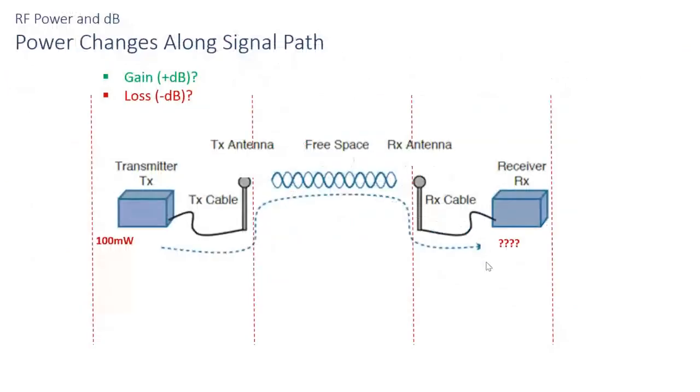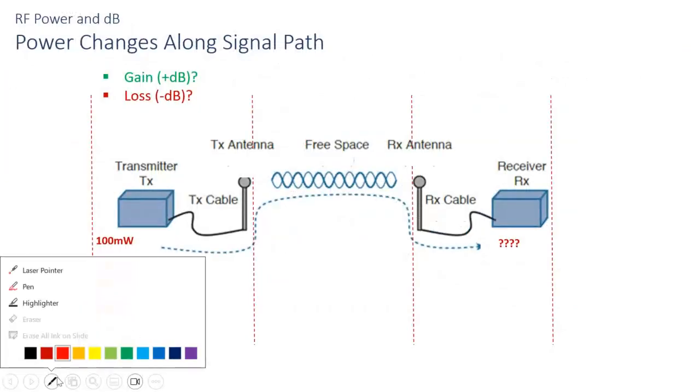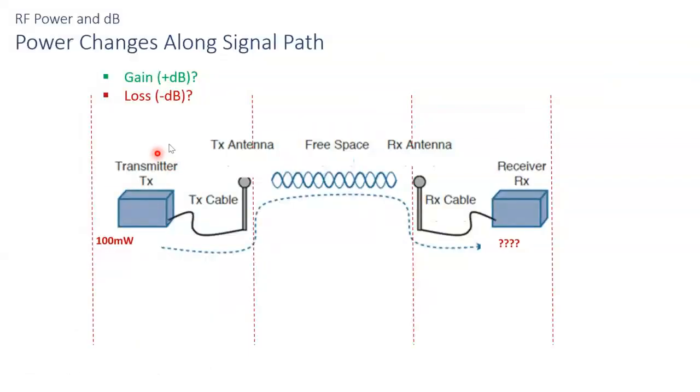So when the signal moves from the transmitter to the receiver, I need to consider the gains and losses. What are the gains and what are the losses? Here the gains are the transmitter antenna gain and the receiver antenna gain.